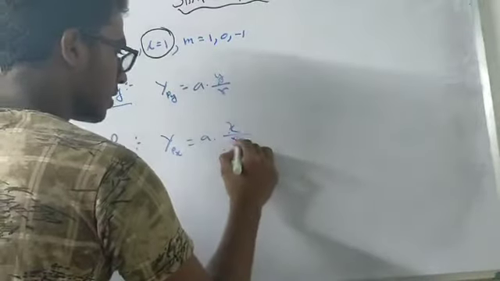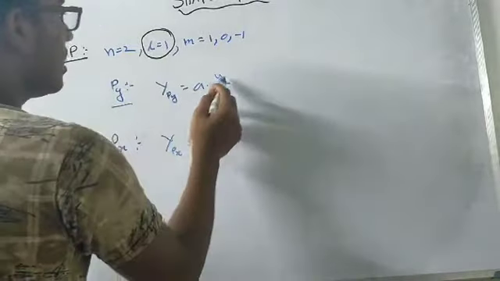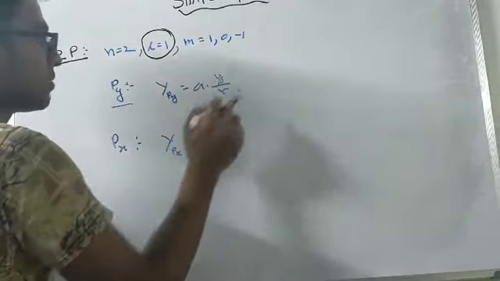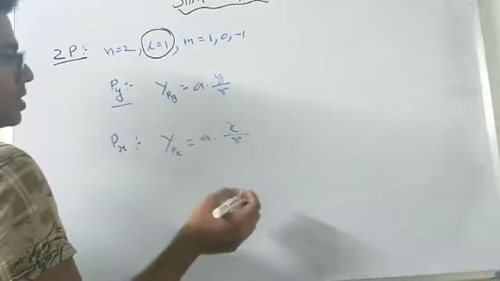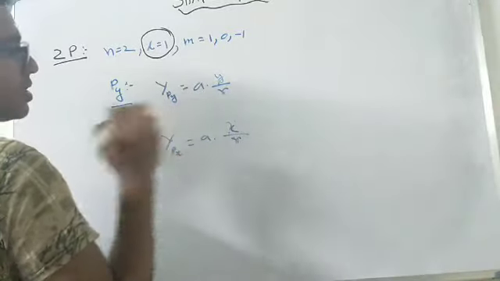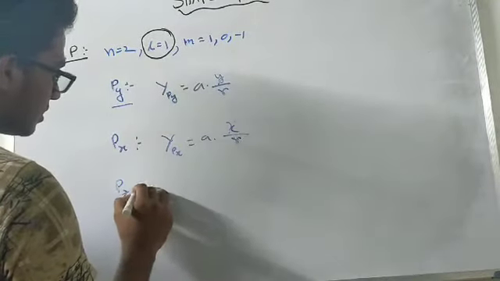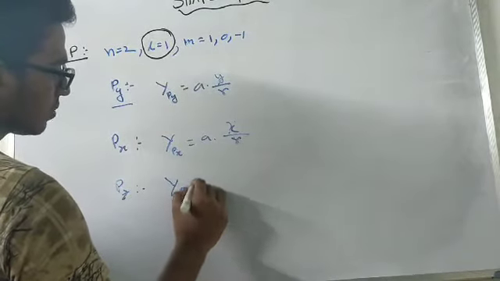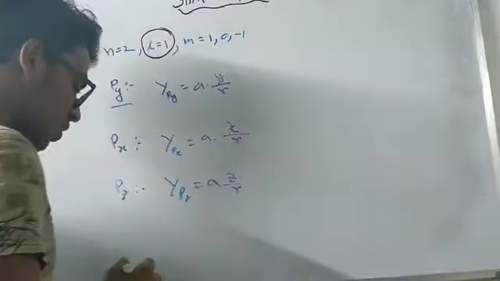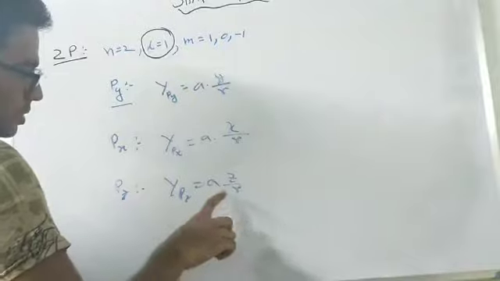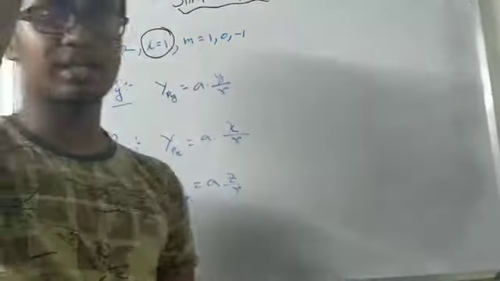As this wave function contains the y part, this is called py, and px's angular wave function only depends on x. In the case of pz, it is a times z upon r, and when the wave function depends on z, the lobes are present along the z axis.